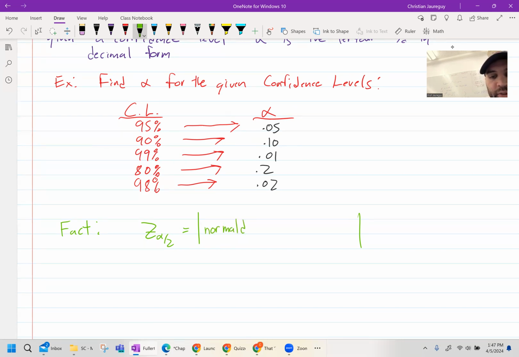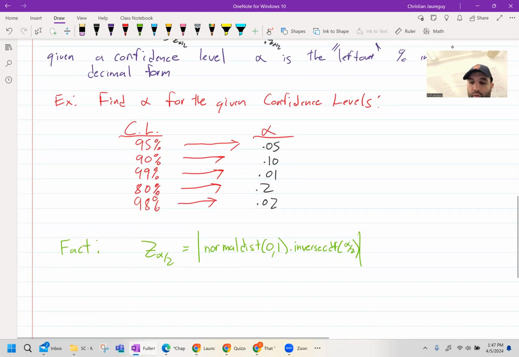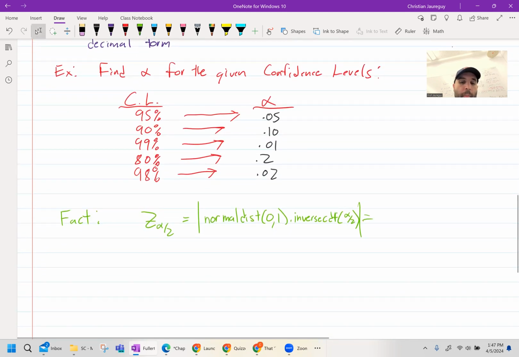Normal dist 0, 1, since it's a z-score, dot inverse CDF alpha over 2. Because remember, it's the area to the left. And I look at the picture, area to the left. And that equals that. So you'd get that there. So I believe in you. I know you can practice this on your own. I'm not going to do a specific example there.